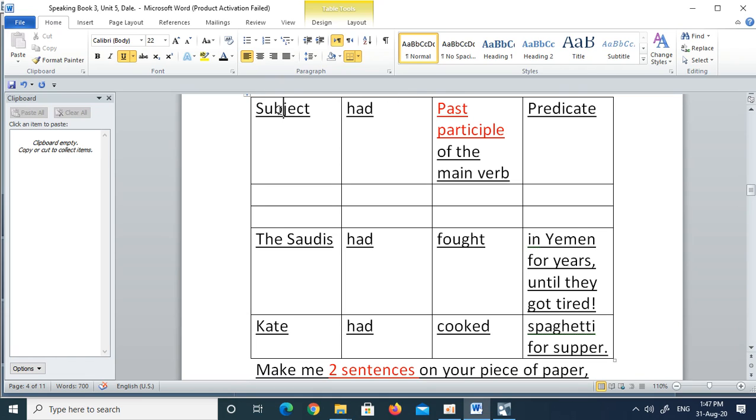Remember, subject in the first block, had in the second block, past participle of the main verb in the third block, and predicate in the fourth block. So, please pause the video and give me 2 sentences following that pattern. And when you have finished making the 2 sentences on your piece of paper, you can unpause the video.